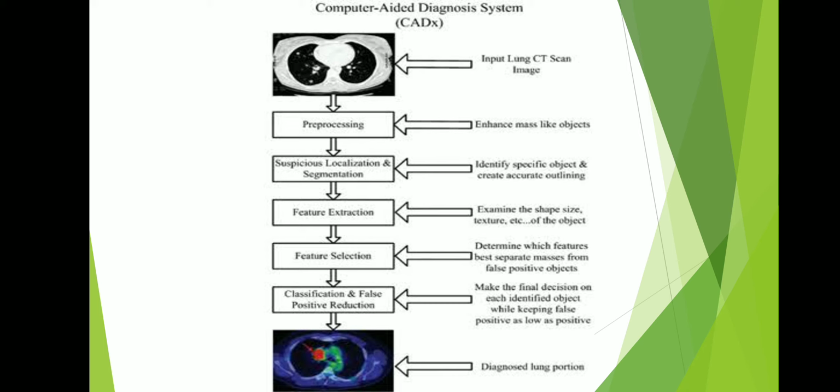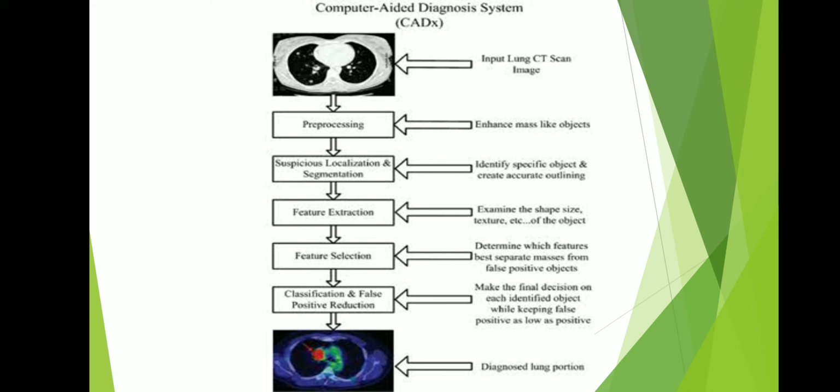Anyways, this is one of the indirect ways where the lung CT scan image is inputted and pre-processed. Pre-processing means enhancing the mass-like objects. Pre-processing will be done by the CAD-E.